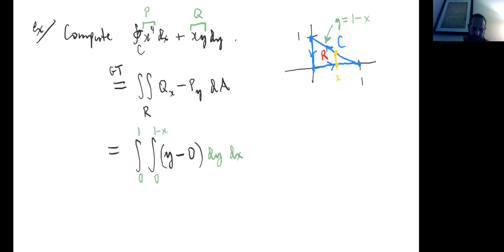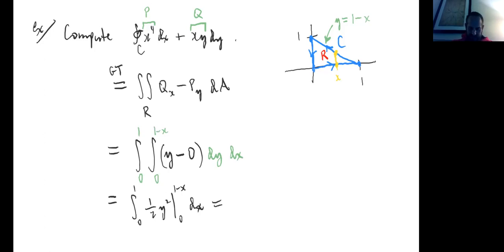Nice. Okay, so look at this. This is going to be the integral from 0 to 1 of what? Well, y is the integrand, dy. So then it's 1/2 y squared, evaluated between 0 and 1 minus x, dx. I'll pull out the 1/2. It's going to be the integral from 0 to 1 of (1 minus x) quantity squared dx. Then you have to do an antiderivative.